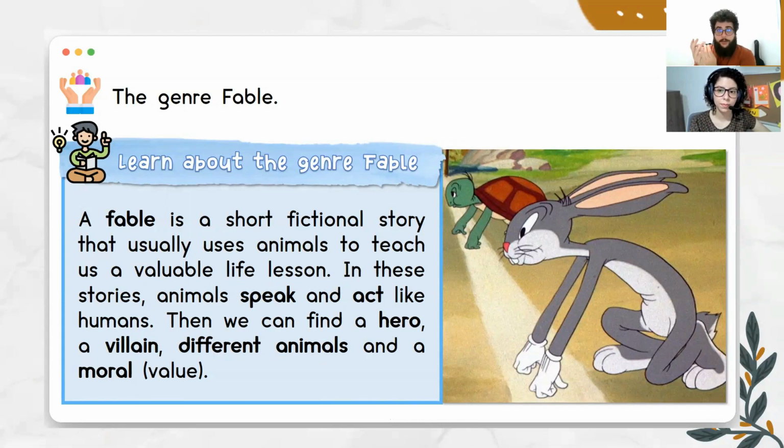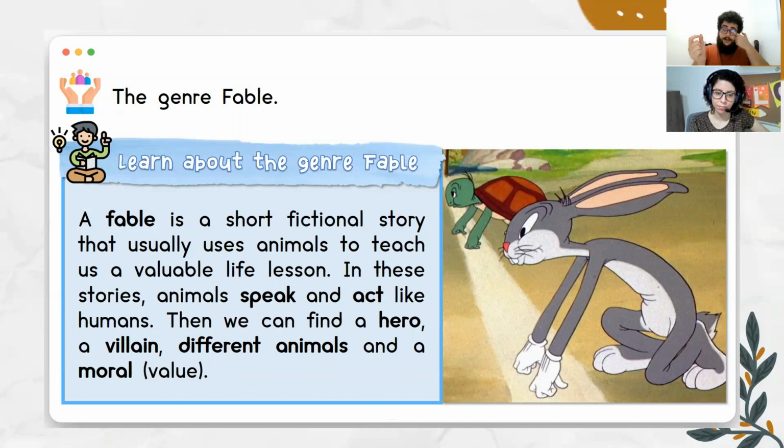Before we start working with the fable itself, we used The Hare and the Tortoise as a lead-in, to illustrate for students what a fable is, what the aspects of a fable are, because a fable has a hero, a villain, uses different animals, and has a moral, a value at the end of the story.